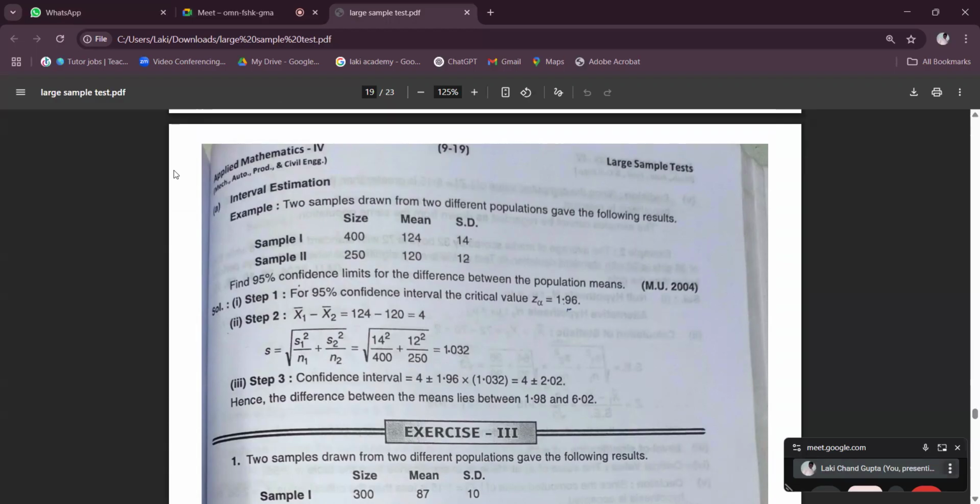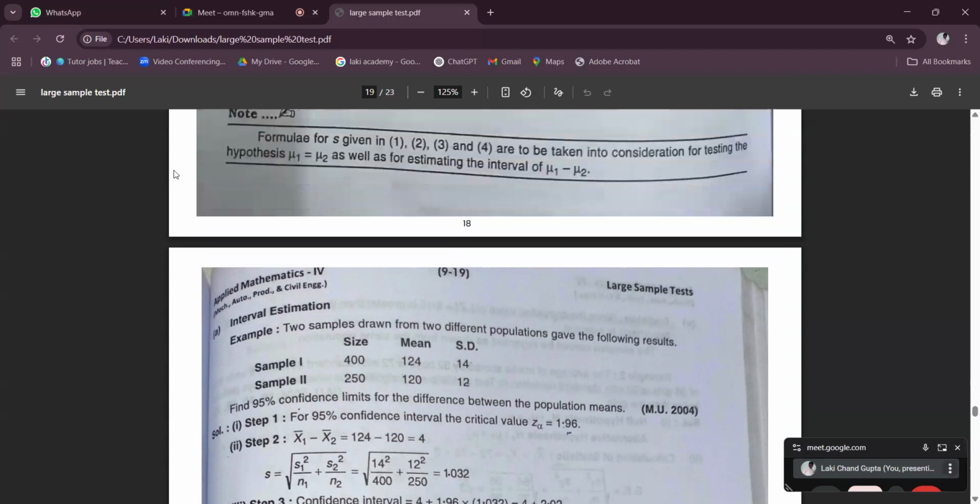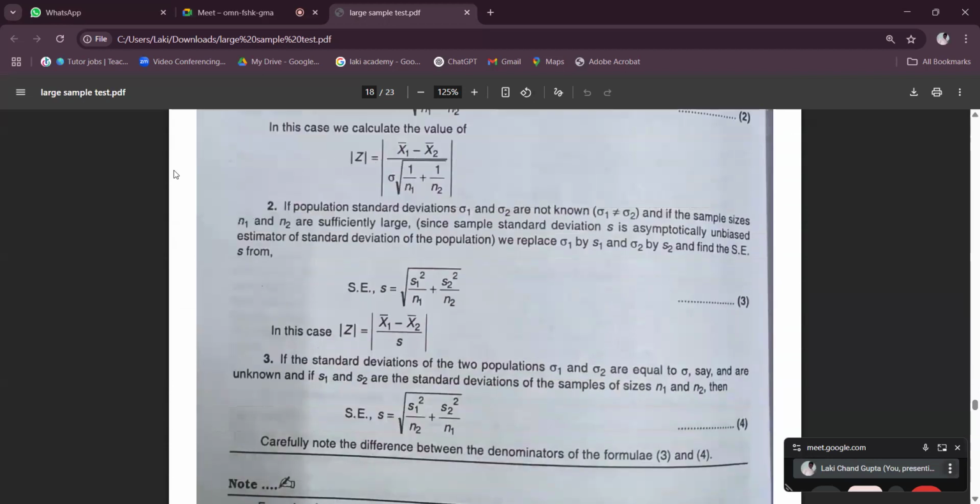So whenever two samples are given, first we find the common standard deviation.